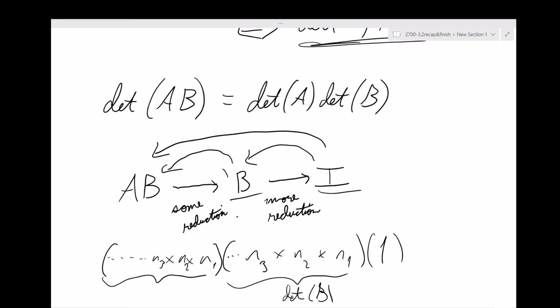If they take me from B to AB, they would be the ones that take me from the identity to A, so this string would have to be determinant of A, and we get this fact.